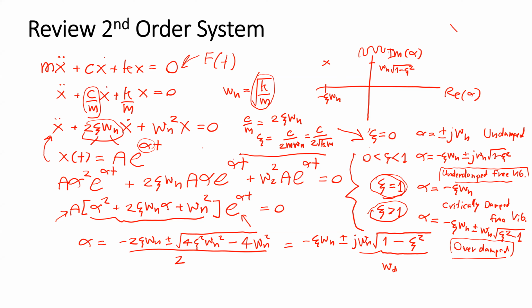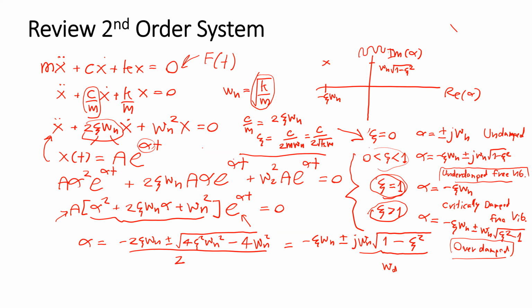If the damping ratio is between 0 and 1, the type of vibration is underdamped free vibration. We have damping, but it is between 0 and 1. So today we will see the response of these three different types of system.